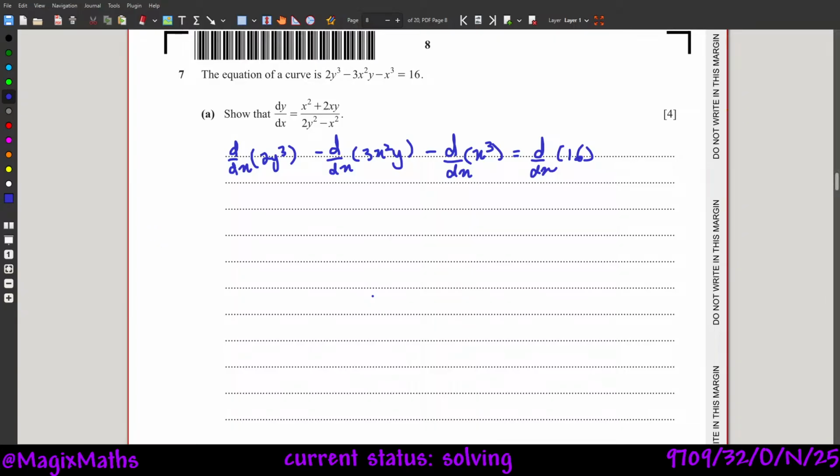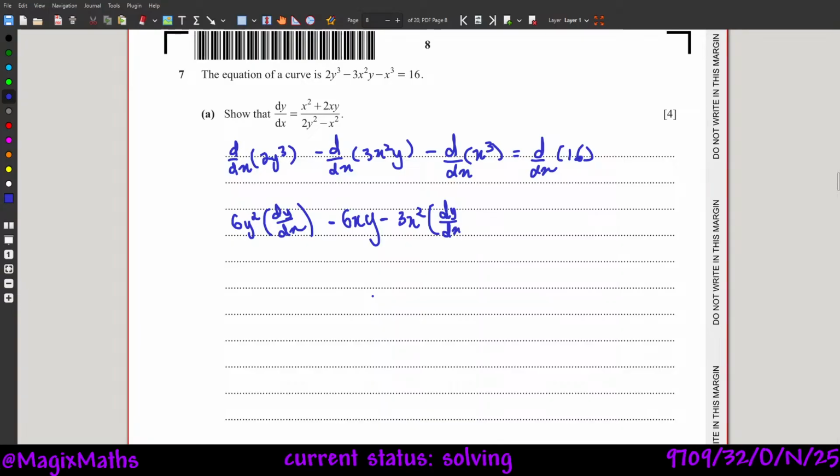So it'll be 6y squared dy over dx minus, wait, I'm not thinking correctly.